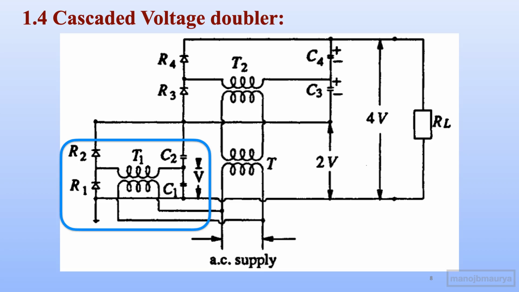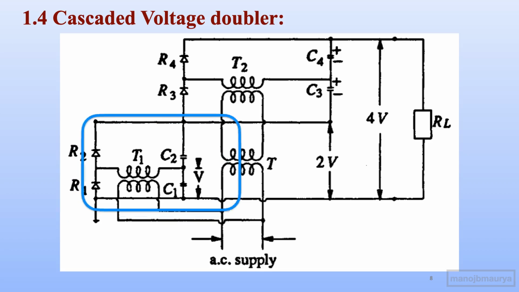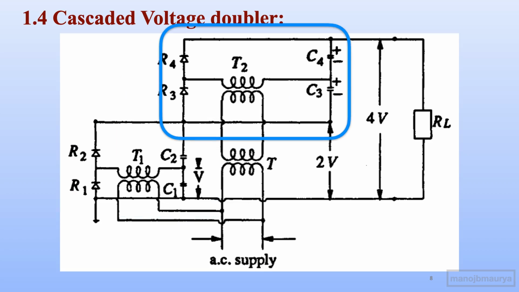If you want to go for higher voltages, then we may add additional voltage doubler circuit at its output. So the second voltage doubler circuit consists of rectifier elements R3, R4, condenser C3, C4 and supplied from transformer T2.